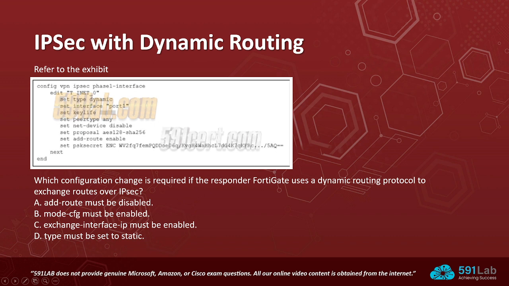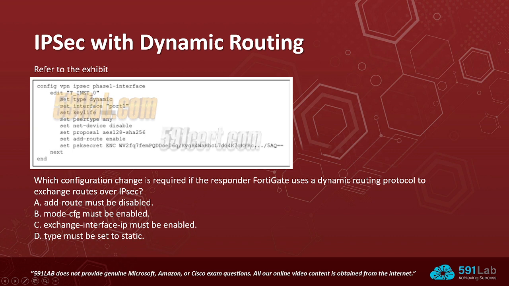can see there, where we have a question that says which configuration change is required if the responder FortiGate uses a dynamic routing protocol to exchange routes over IPsec. So we have a configuration of VPN, IPsec on the phase one.